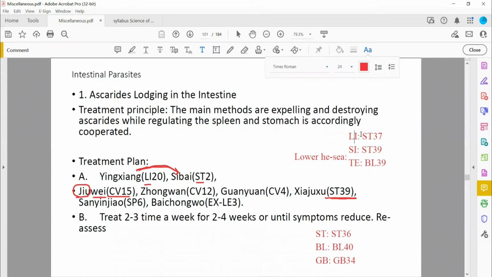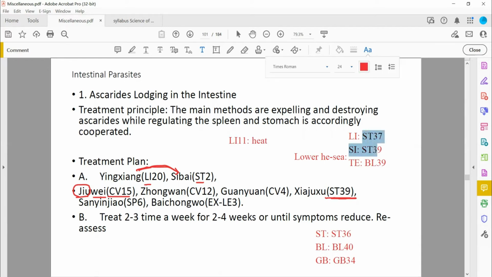And for the hand, the lower He-Sea points go for the organs, right, good for the organs. But the others are only He-Sea points, for example, LI11. Yeah, that's the He-Sea point. Usually we would not use the He-Sea point for the organ. We use LI11 to clear heat, but not for large intestine problems.